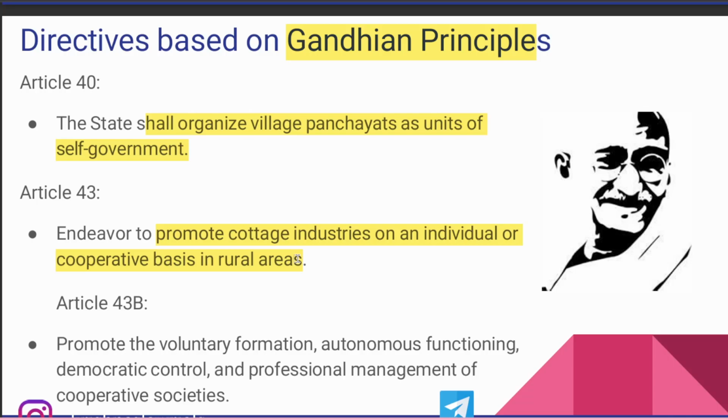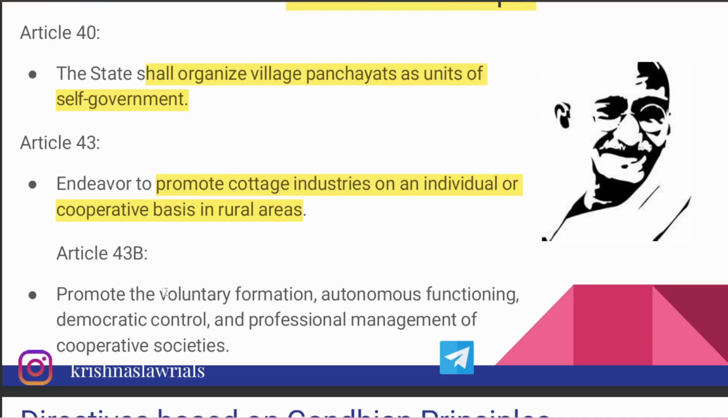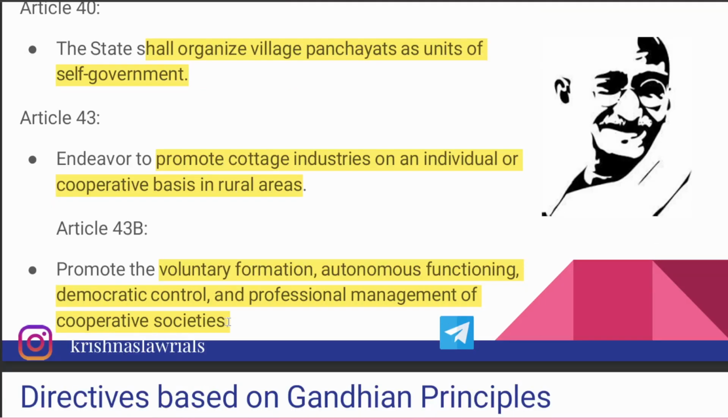should be developed. And under Article 43B, it says promote the voluntary formation, autonomous functioning, democratic control and professional management of cooperative societies. It is promoting cooperative societies, and it is saying they can voluntarily come together and form a cooperative system, cooperative societies, and they can professionally manage it.